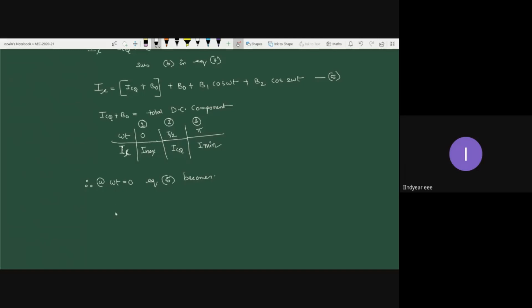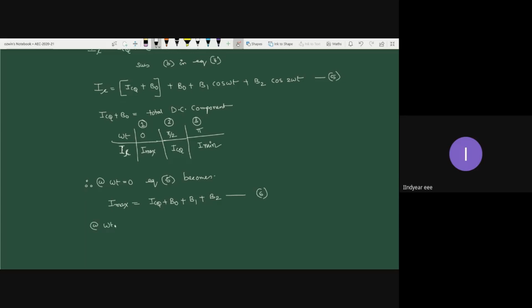So we can write I max on the left hand side. I max is equal to ICQ plus B naught plus B1 into cos 0. Cos 0 is 1, so it is B1, plus B2 into cos 0. Again, cos 0 is also 1. So this is our equation 6.